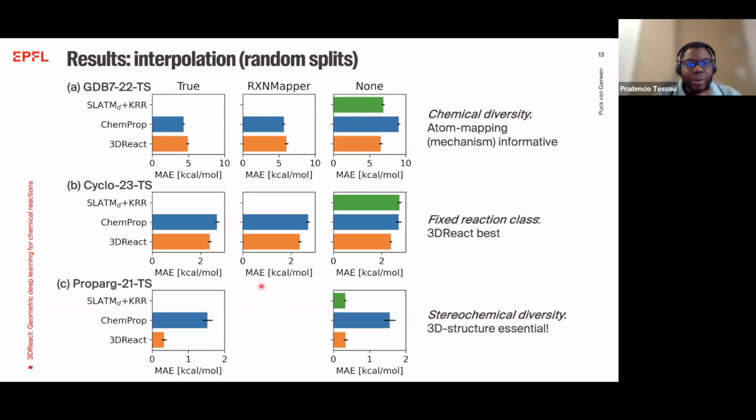But one quick follow-up question. The 3D React here, is it the vector one or the other one, the energy one? Sorry, can you repeat the question? The 3D React here, is it the vector one or the energy one? Okay, so in most cases it's the vector one, but for this data set it's the energy one.